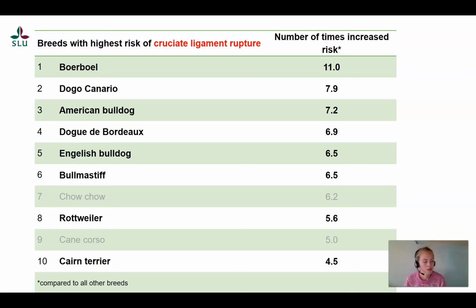These breeds are generally stocky, very muscular, robust. And we don't know if it's due to the anatomy of these dogs or if there's some genetic factor that affects the structure or function of the ligament that causes this increased risk. So this will need more research.